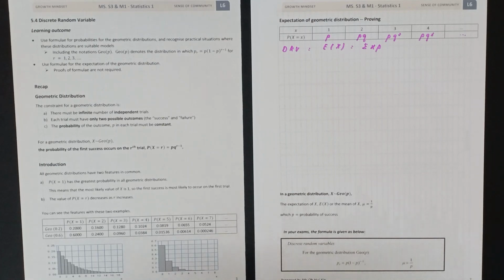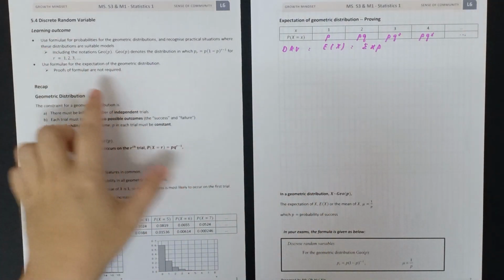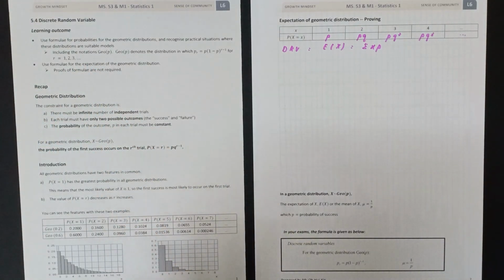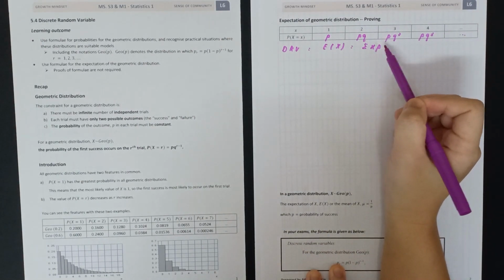For geometric distribution, for your learning outcome, you are going to learn expectation only, meaning that there is no variance for geometric distribution. I mean, there is a formula for that, but you are not learning it in S1. So the expectation will be the sum of x times p.